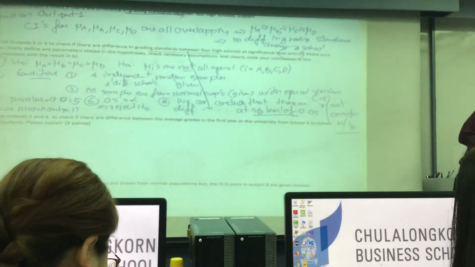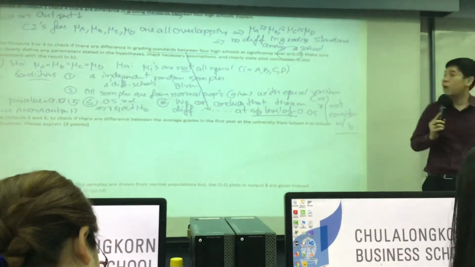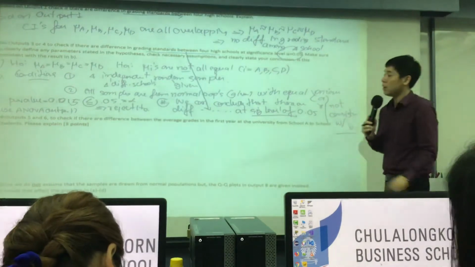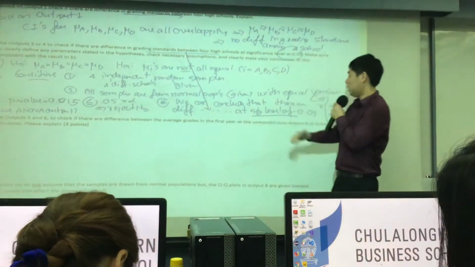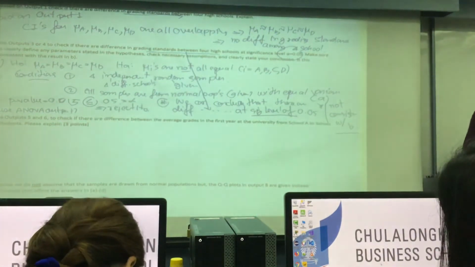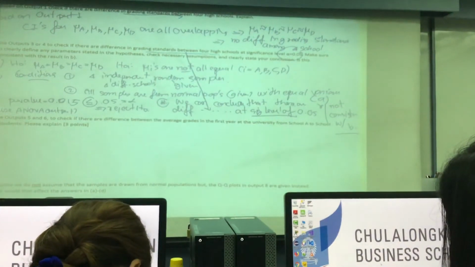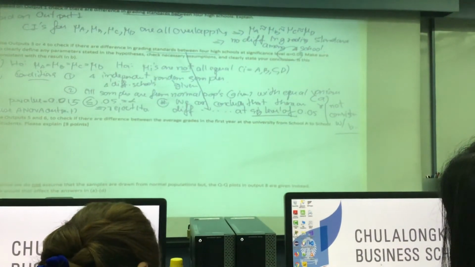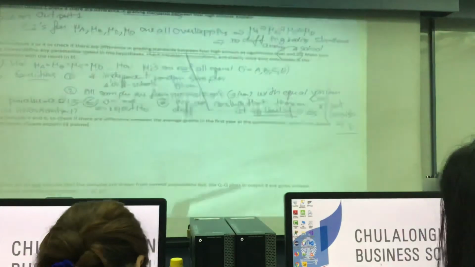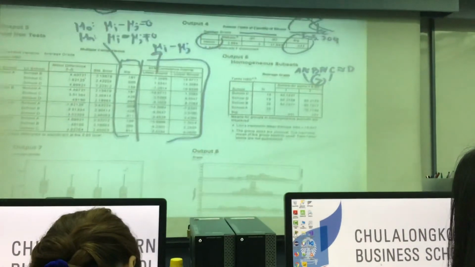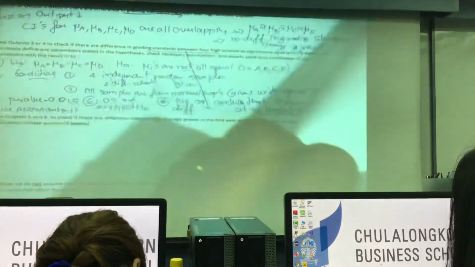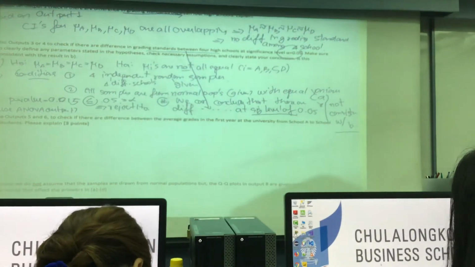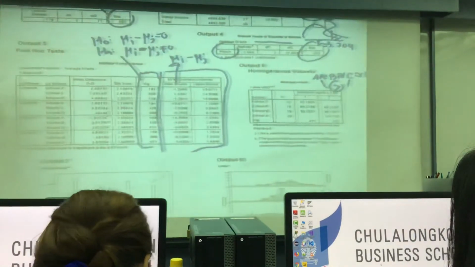Part D. Use output 5 and 6 to check if there are differences among the average grade in first year. Right? This one says use 5 and 6. 5 and 6 is this one. Five and 6, right?